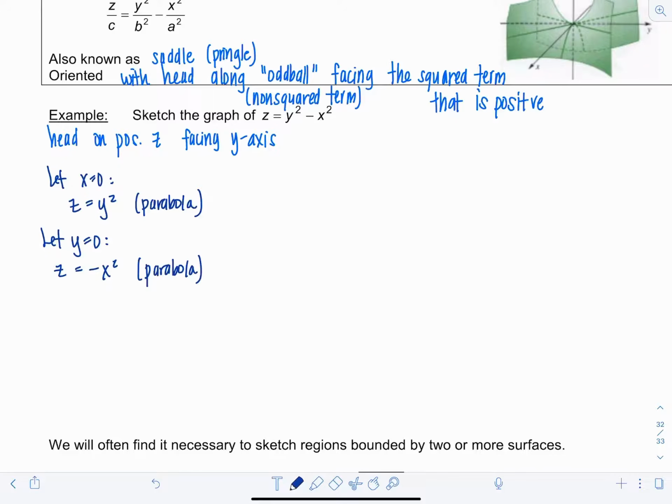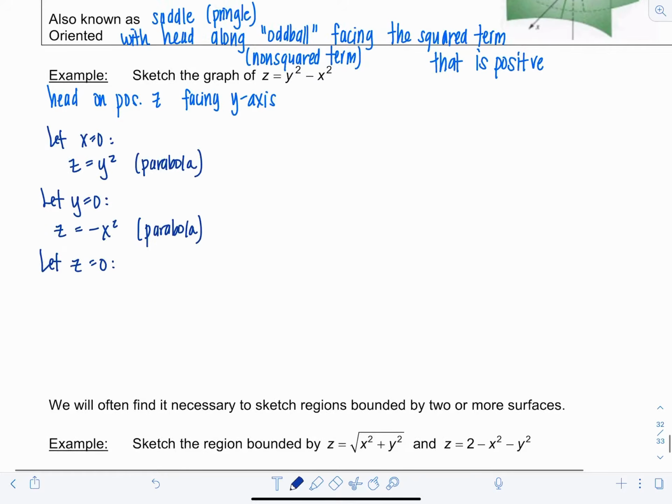Here's where you have to be careful. If I let z equal 0, all I get is x squared equals y squared, which means y equals plus or minus x. That's two lines, but that's not going to really help me graph the hyperbolic paraboloid. What I need to do is allow for traces where z equals something other than 0.